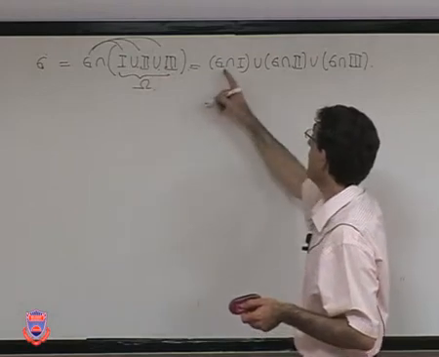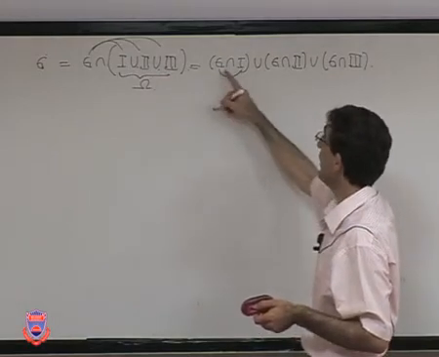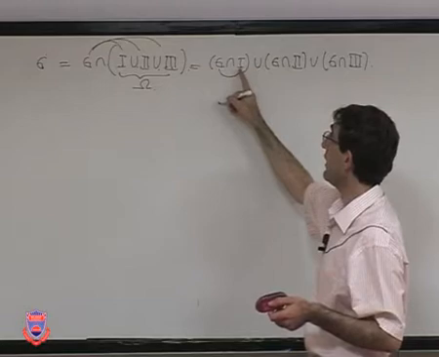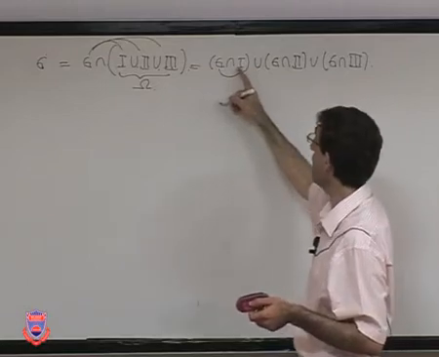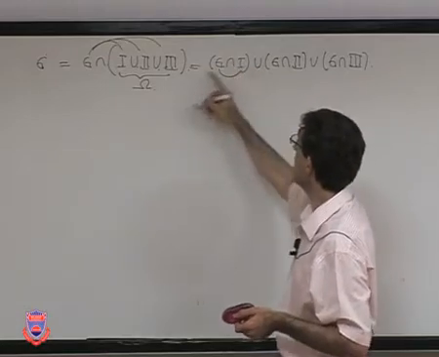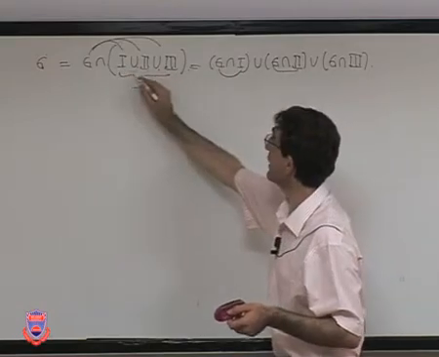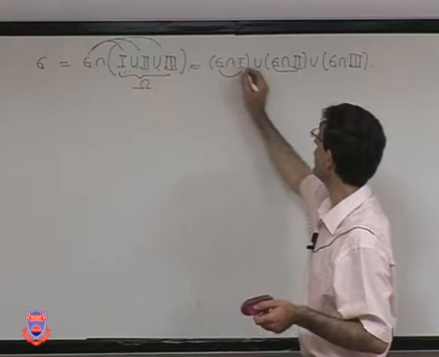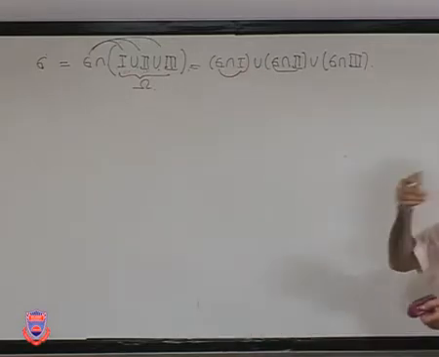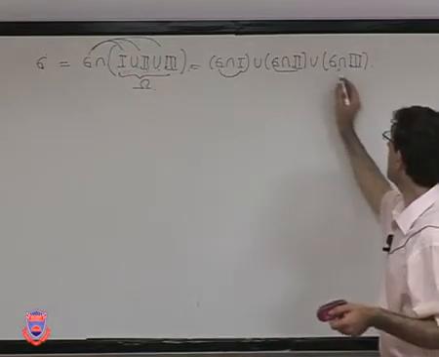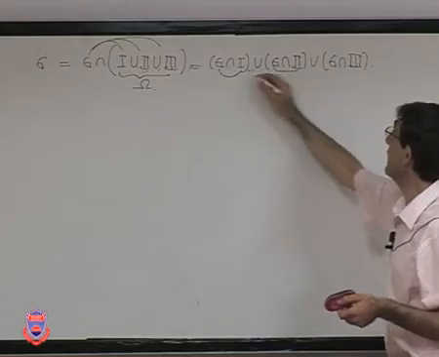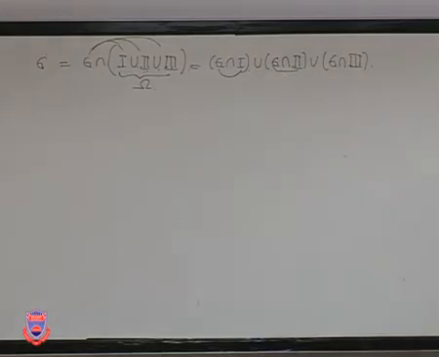And since this is the intersection of G with event 1, this is a subset of this event. This is a subset of this event. Since these are disjoint, these two events are disjoint as well. And similarly, these three events are in fact pairwise disjoint.